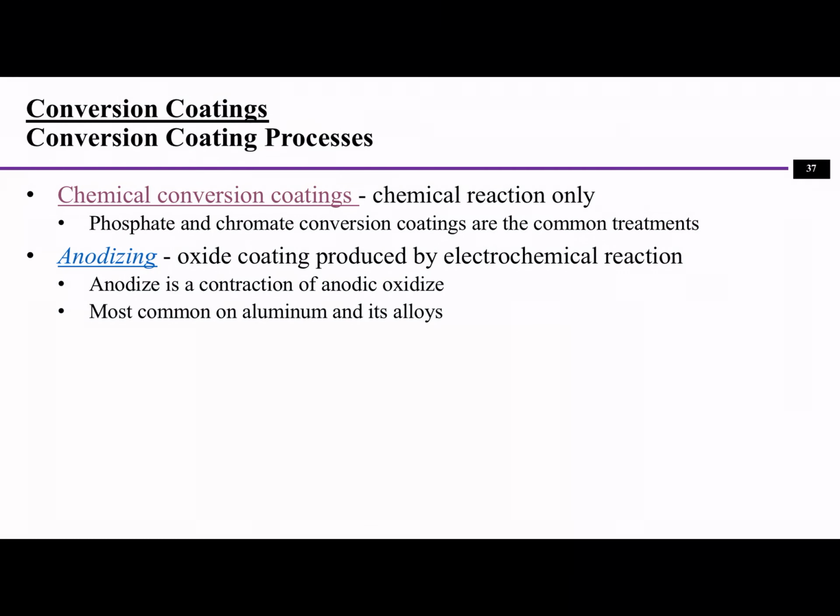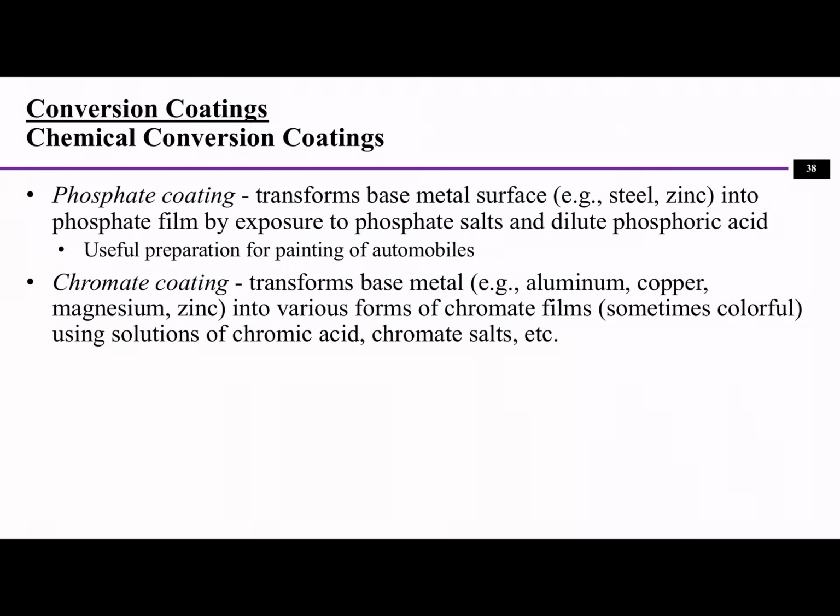All right, for chemical conversion coatings, there are usually two common coatings. One is the phosphate coating, and the other is the chromate coating. The metal surface forms different films depending on which coating it is. A phosphate coating will form a phosphate film, while a chromate coating will form chromate films.